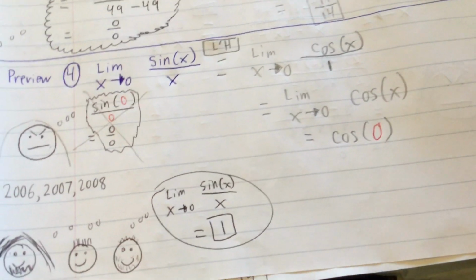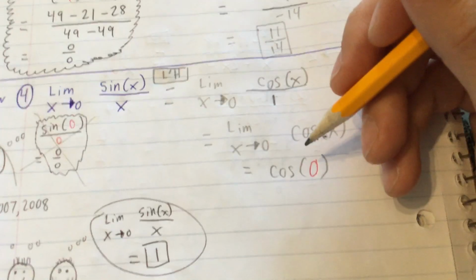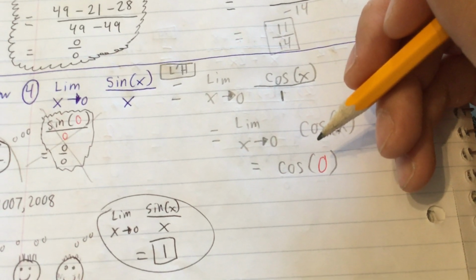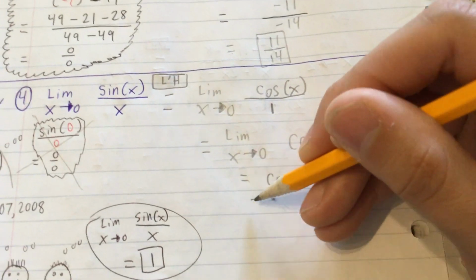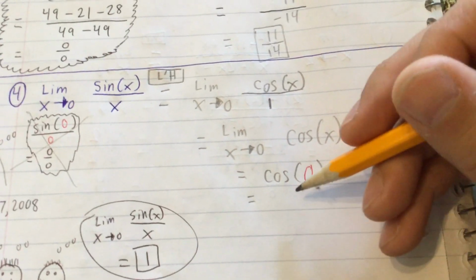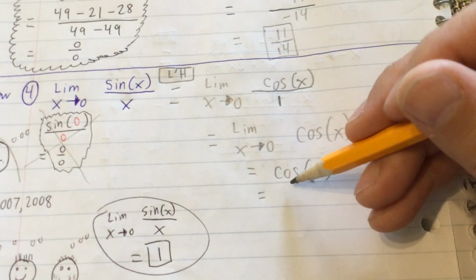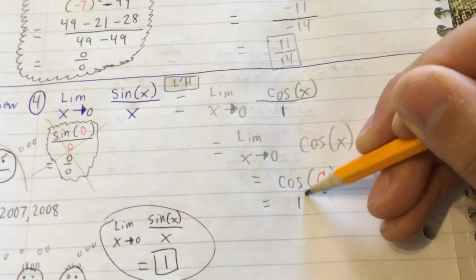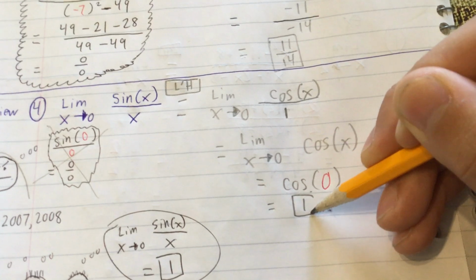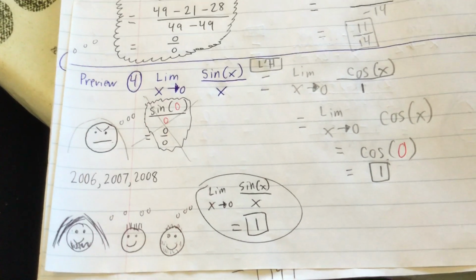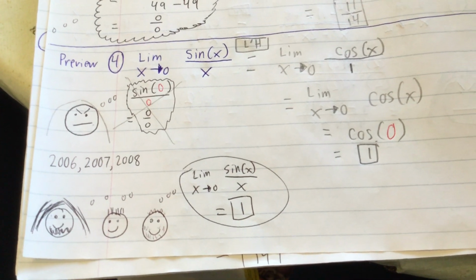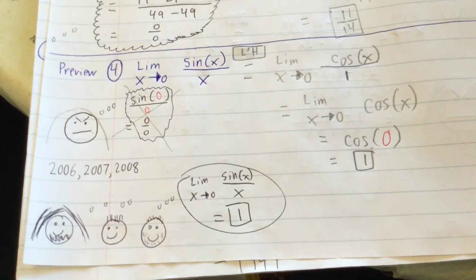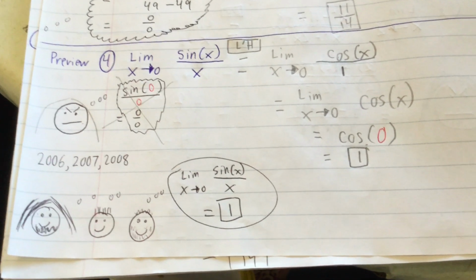But luckily, it's not going to hurt us this time. I might give you something like pi over 2, or pi, or 3 pi over 2, or pi over 3, something like that. But the point is, you're always in radians, and that's why I taught it. So cosine of 0 radians is, in fact, 1. And that's why it works. L'Hopital. We're going to do more L'Hopital in the next class date. Hope you guys have a good day, and I'll see you guys later.